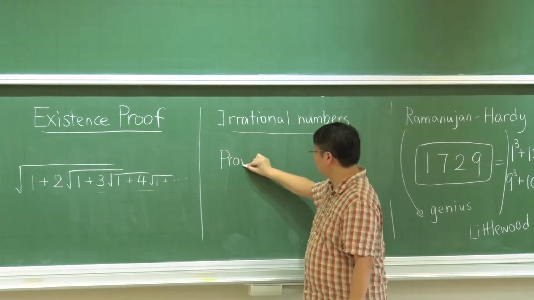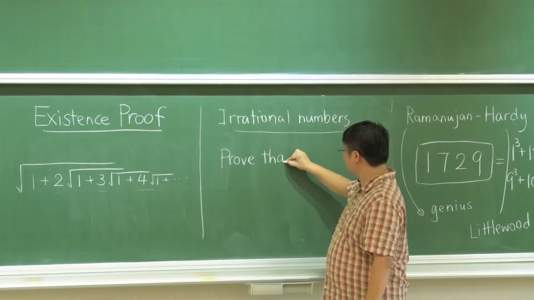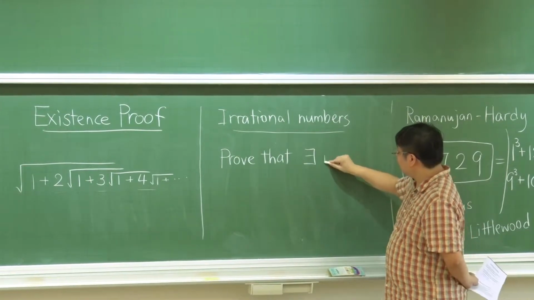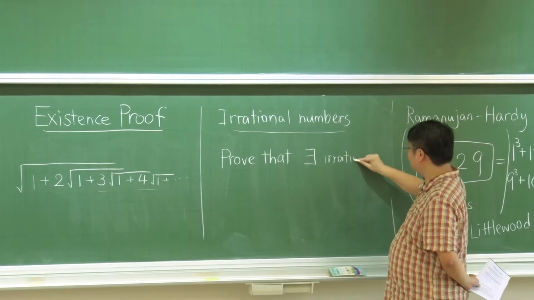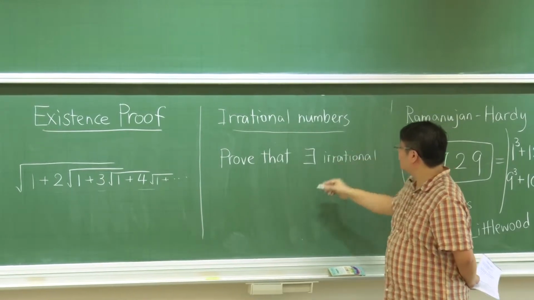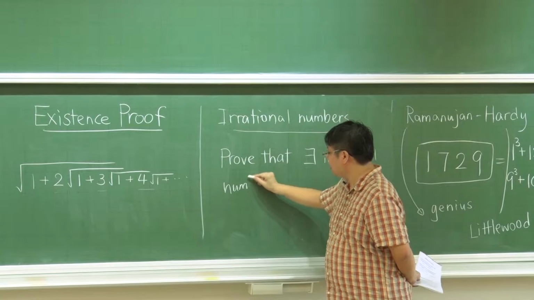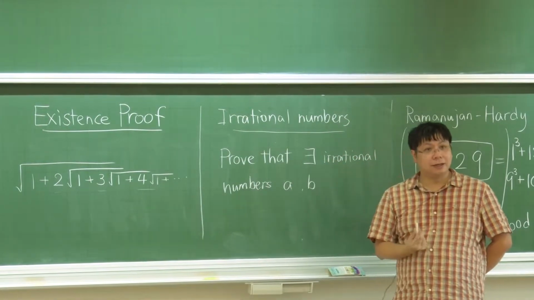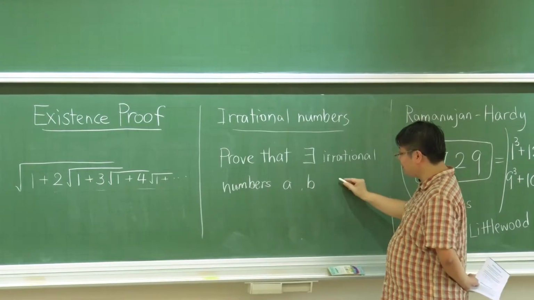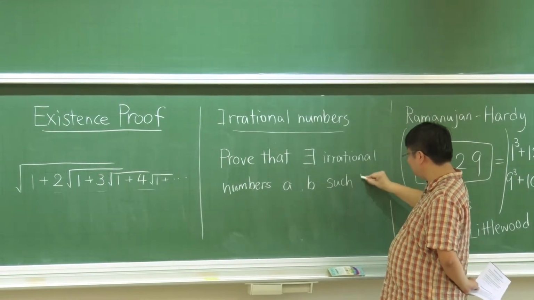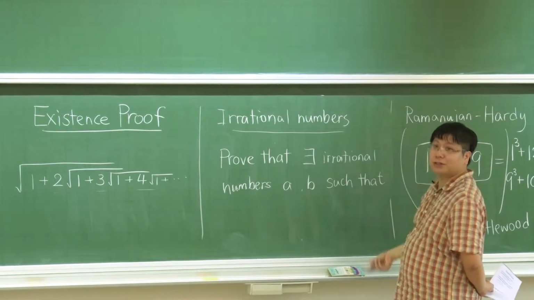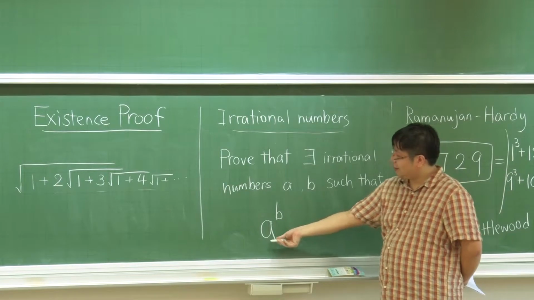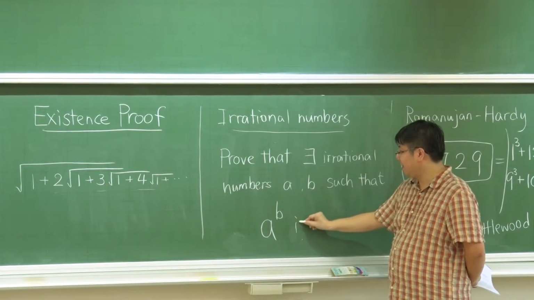Prove that there exist irrational numbers A and B. So we can find two irrational numbers such that A to the power B, wow, this is strange, right, is rational.